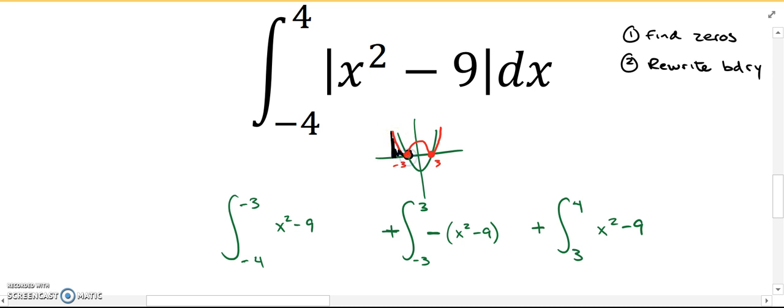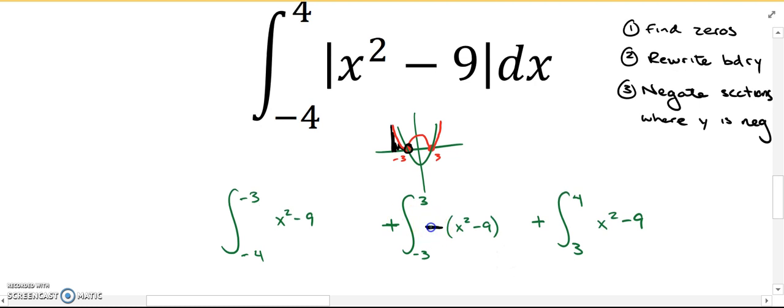So I have this space. That middle section, like you were just saying, I want to negate the sections that were negative. The reason why I have a negative here is because I want to negate this entire section.